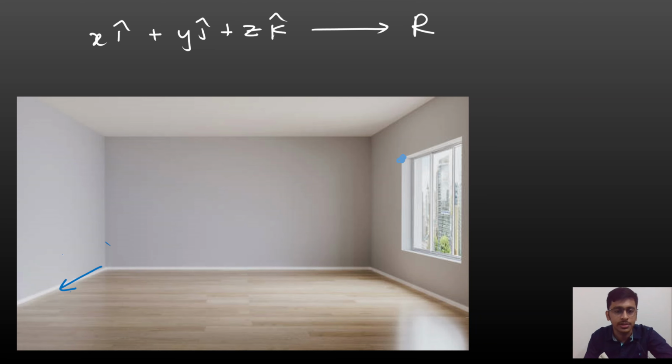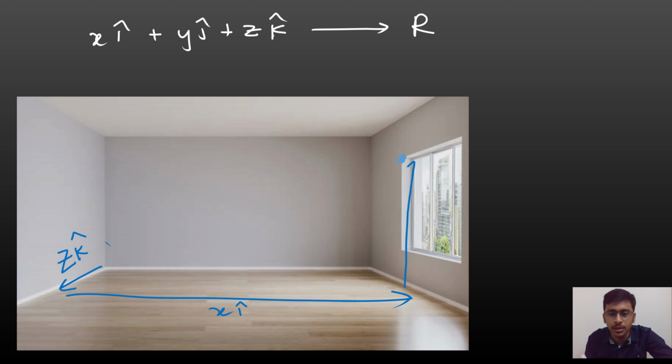This was, let's say, z k cap. So I went in this direction first, the z k cap direction. Then I went in this direction, which is nothing but our x direction, so this is the x i cap direction. After that, I went in the y direction. So this is the y j cap direction.